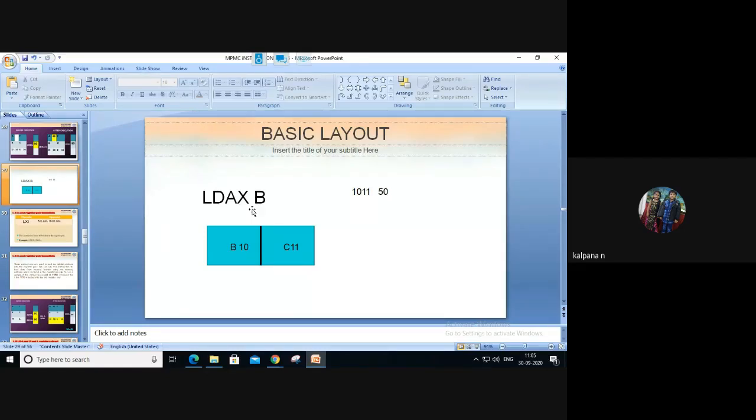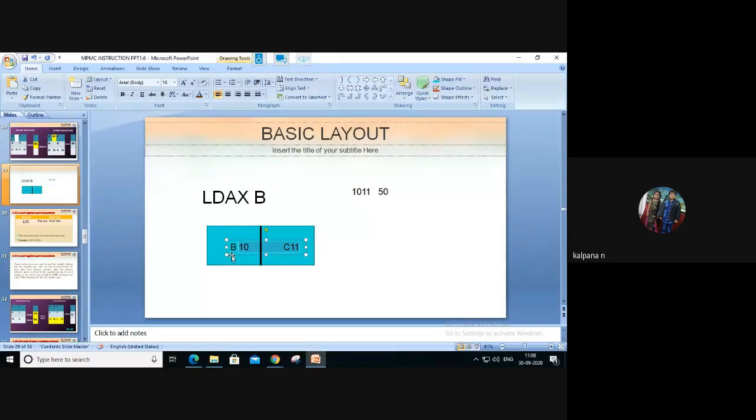If H is mentioned, it will consider the HL pair. So these registers will consist of an address location, not the data. The register pair we mention in the instruction, in this LDAX, will consist of a memory location, not the data.